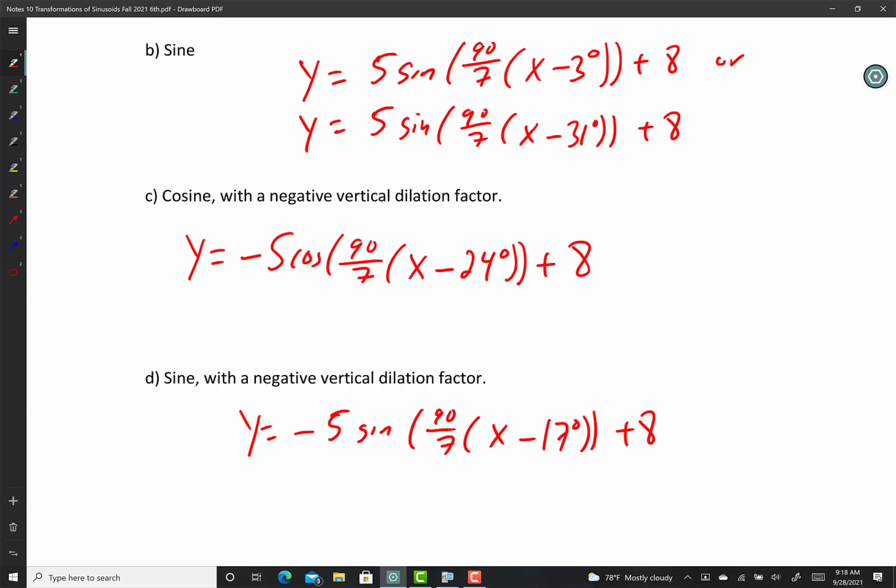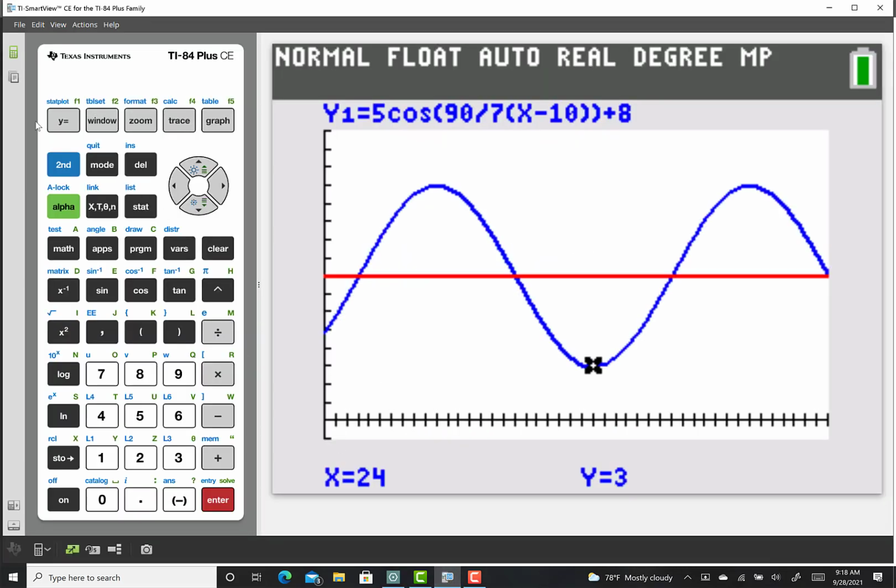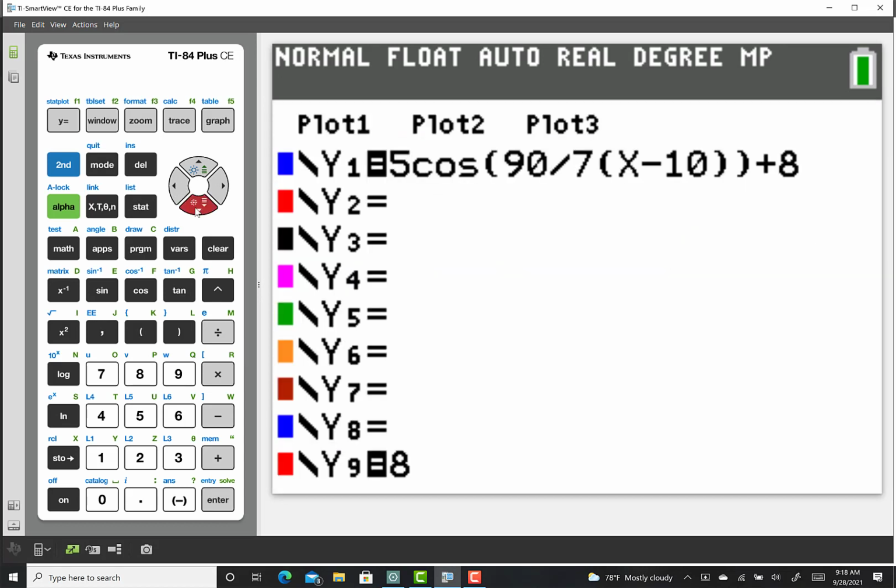All right, let's check to see that they are all correct. I'm going to go to my calculator. Hook me up with, what was the sine one? The first one that I got, letter B, I think. 5 sine 90 over 7.